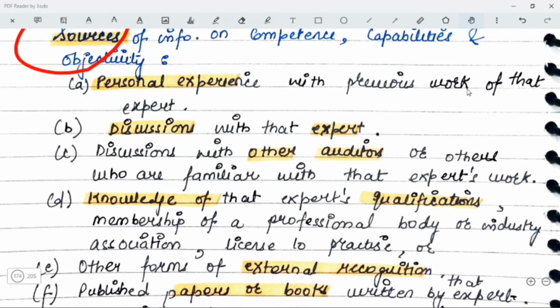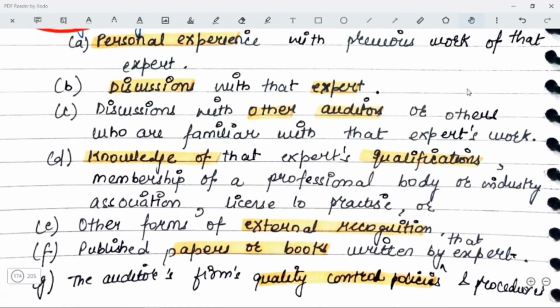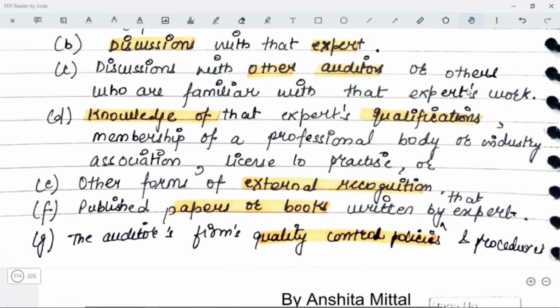If you had worked with him before, then you might have some personal experience with the previous work of that expert, or you might have had discussions with him, discussions with other auditors or others who are familiar with that expert's work, या फिर knowledge of that expert's qualifications, membership of a professional body or industry association, license to practice, or other forms of external recognition, published papers or books which are written by that expert, auditors' firms' quality control procedures and policies. All these things can help you.